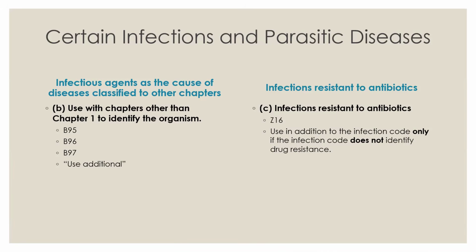B96 is other bacterial agents as the cause of diseases classified to other chapters, or B97, which is for viral agents as the cause of diseases classified to other chapters. This is to be used as an additional code to identify the organism. And remember, there will be an instructional note found at the infection code advising you to use that additional organism code.